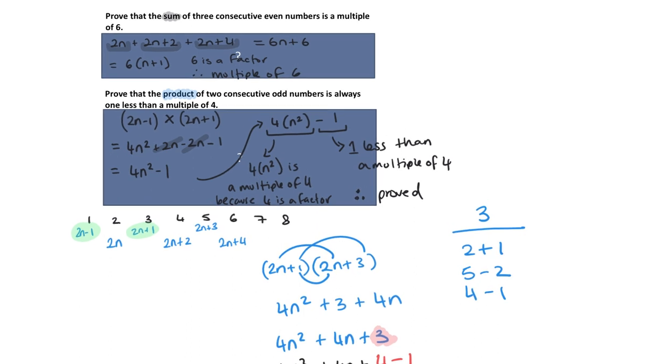This now means I can take out 4 as a factor, n squared plus n plus 1, minus 1. And I can go back to our previous thing. 4 is a factor here, so this number is a multiple of 4, no matter what anyone says. And then it's 1 less than a multiple of 4. So whatever this multiple of 4 is, we're taking away 1. Now, this is the trick, and this is why maths is so beautiful. As long as it's equivalent, we can write it however we want.